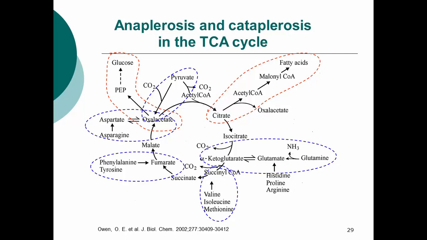And similarly, oxaloacetate that can be made in the TCA cycle can also be utilized for gluconeogenesis, right? And taken away from the TCA cycle. So these two processes we consider as cataplerotic processes, right?